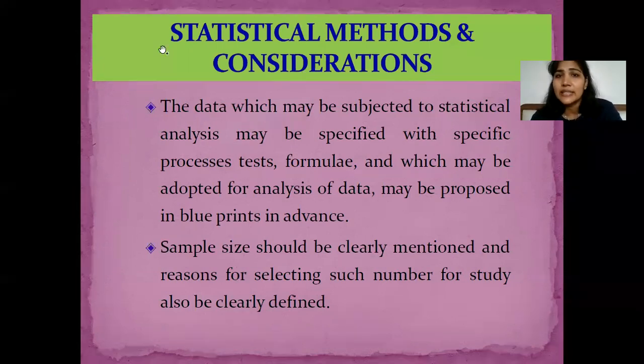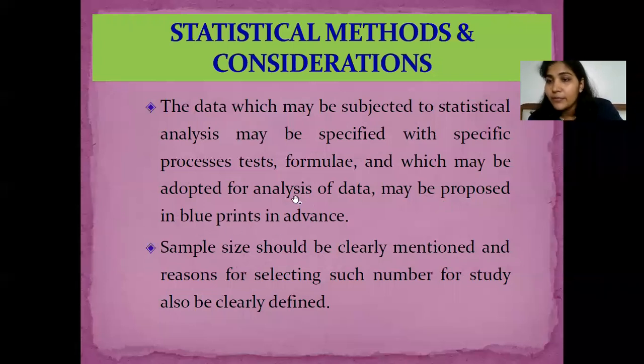Statistical methods and considerations are the next part of your protocol design. The data which may be subjected to statistical analysis may be specified with the specific processes, tests, and formulae which may be adopted for analysis of data, and may be proposed in blueprints in advance.